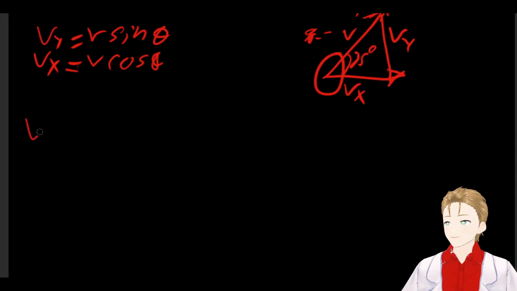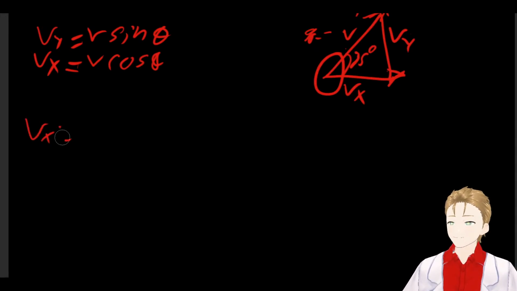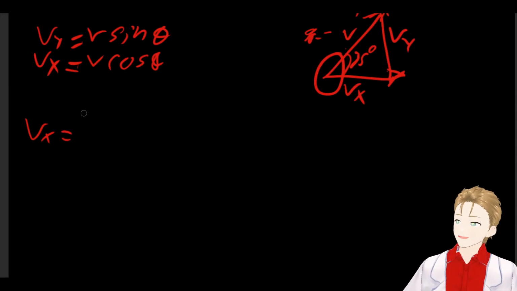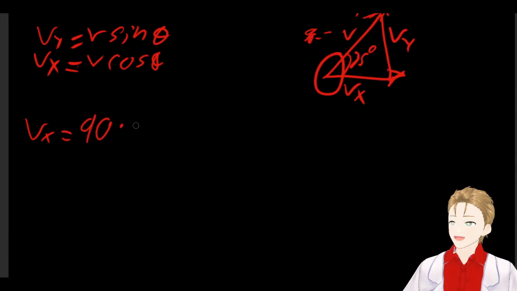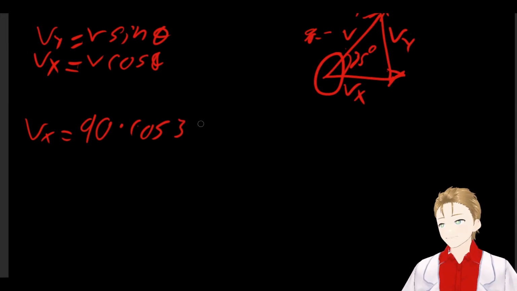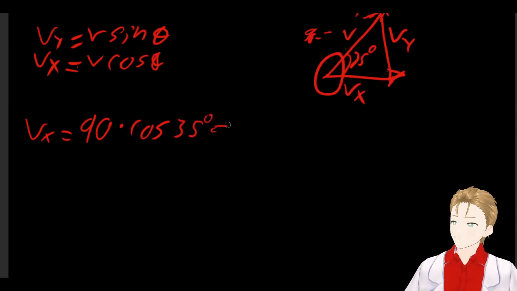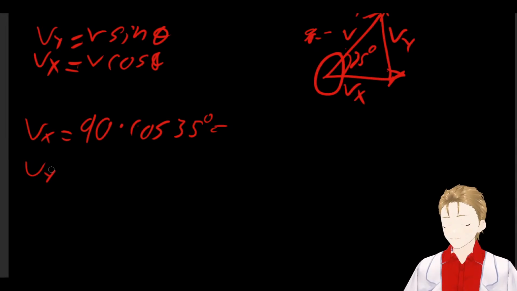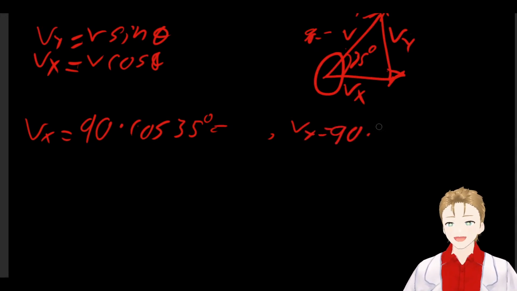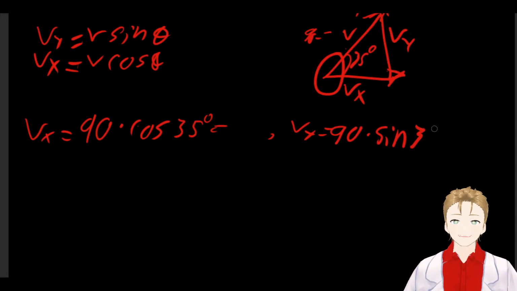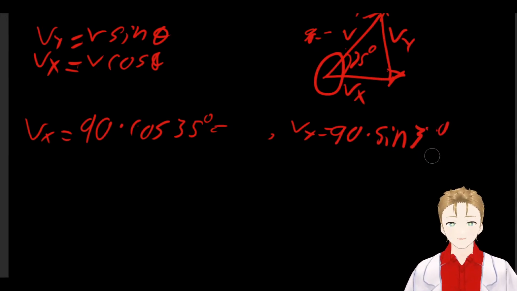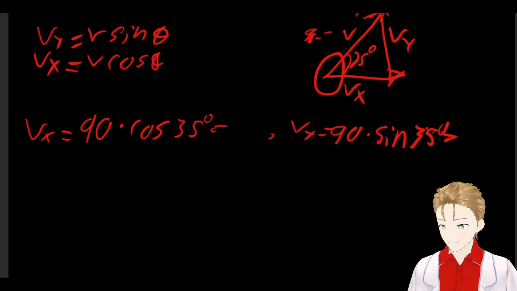So Vx is 90 times cosine of 35 degrees, and Vy equals 90 times sine of 35 degrees, which is about something.